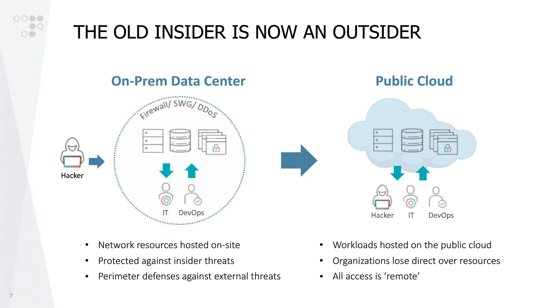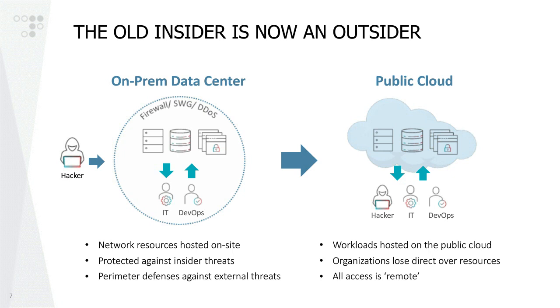And everything is now running off in the cloud somewhere they don't know exactly where. And all the access they have to it is remote. And this is all done using remote access protocols, standard APIs. Everything is publicly documented. And you could say that really IT staff have become an outsider to their own services.